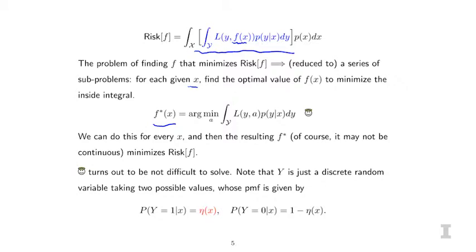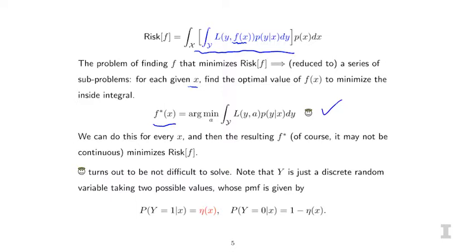So apparently f star may not be continuous, but here we do not really care about continuity at this moment. All we want to do is to find f star that minimizes the risk. So to solve for f star, we just need to find the optimal a that minimizes this integral.